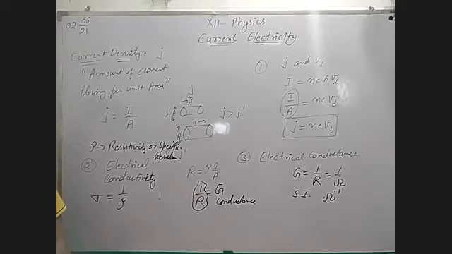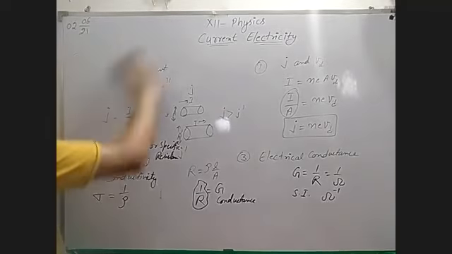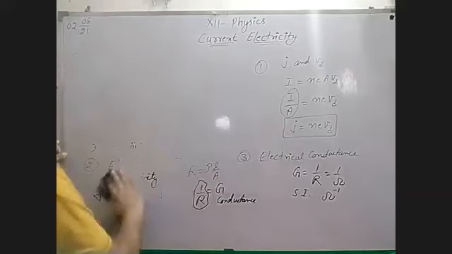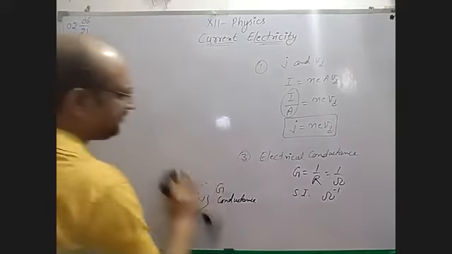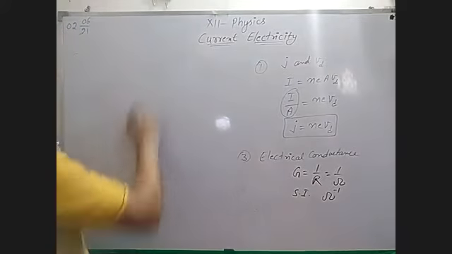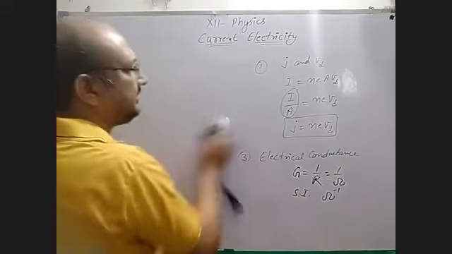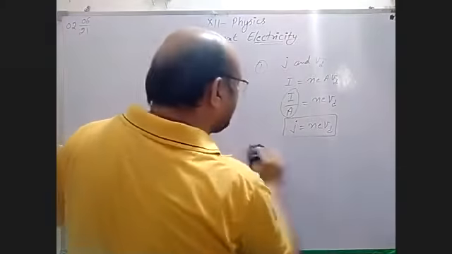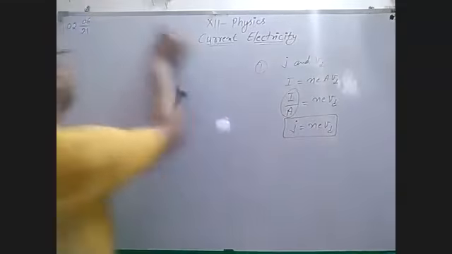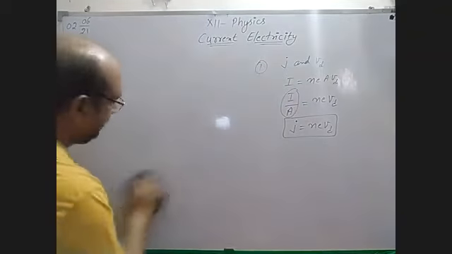Now the next thing: the relation between current density and conductivity. Try these on your own, because these are very small derivations. If you know about current density, sigma, rho, everything, then there are only one or two steps. Now let us take these.